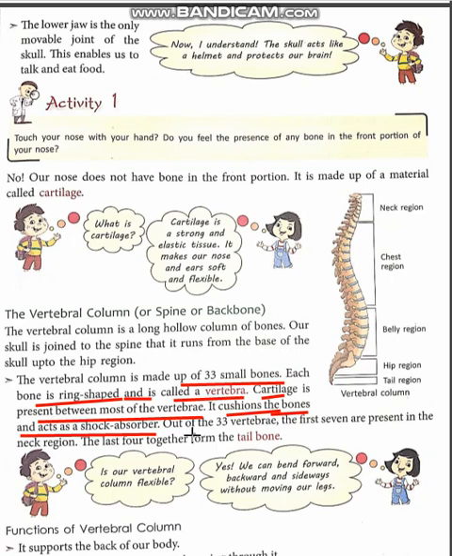Out of these 33 vertebrae, the first 7 are present in the neck only. The last 4 form the tailbone. Okay, read the line very carefully.